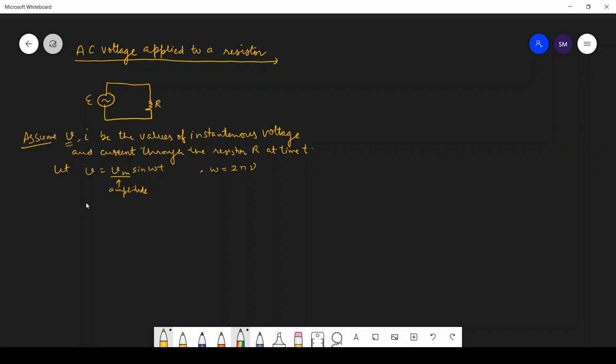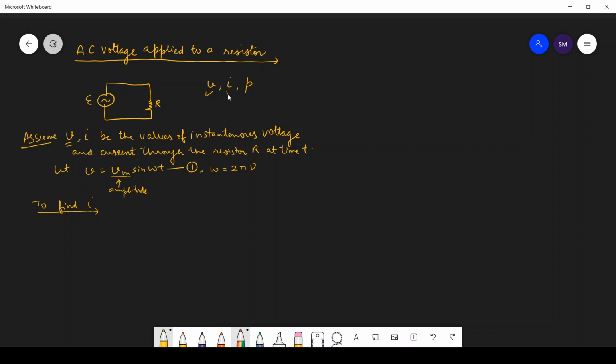Now we need to find the current. So we have three things here: V, I, and then we have to find the power dissipated in the resistor R. So first thing we have done, voltage, this is equation number 1.